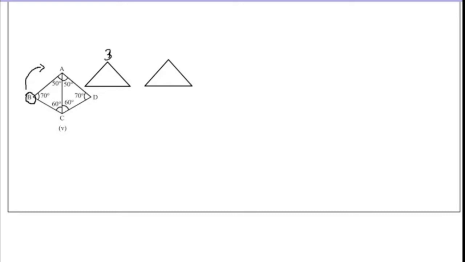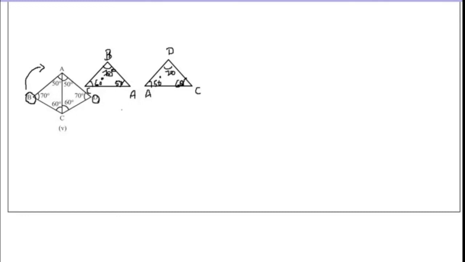This will be B, right? B, A, C. Now the angle of B is 70 degrees, A is 50, and C is 60. Now same way, I am going to turn around and make D on the top. D, and then we have C on the right side and then A on the left side. So D is again 70, C is 60, and this is 50.